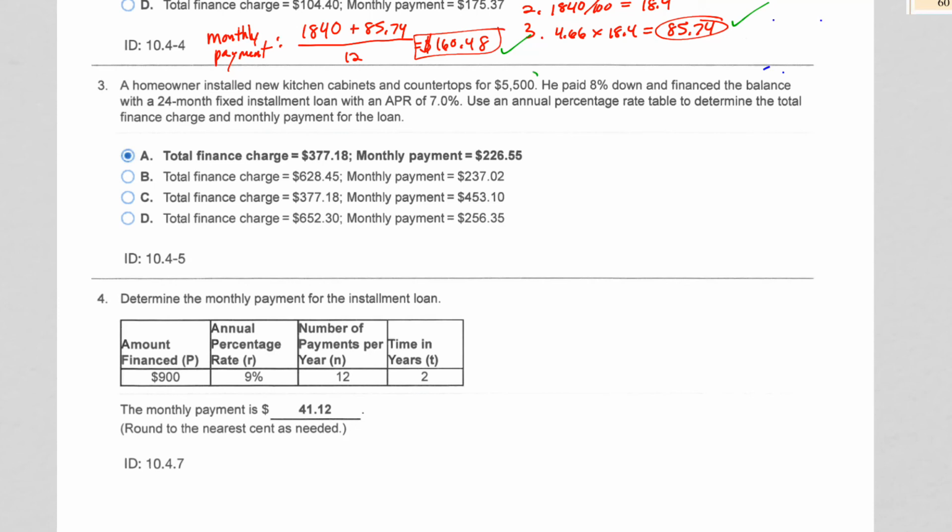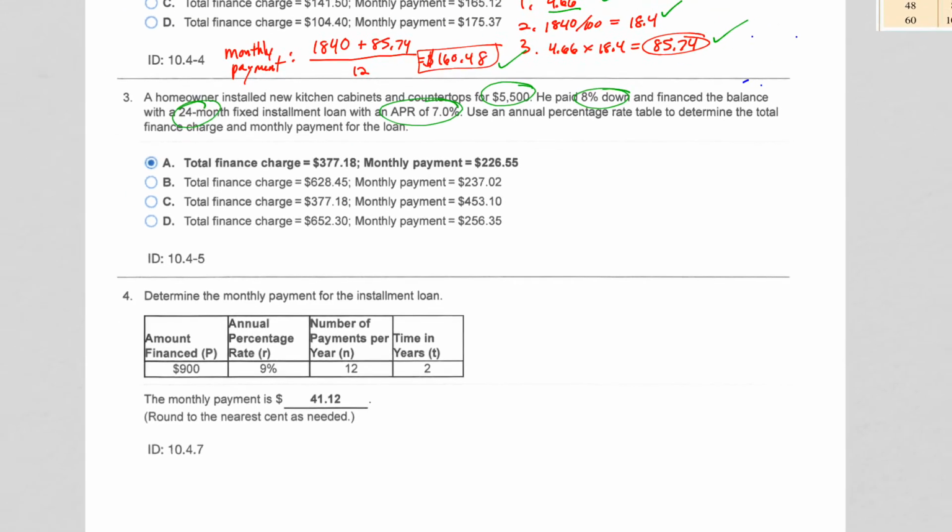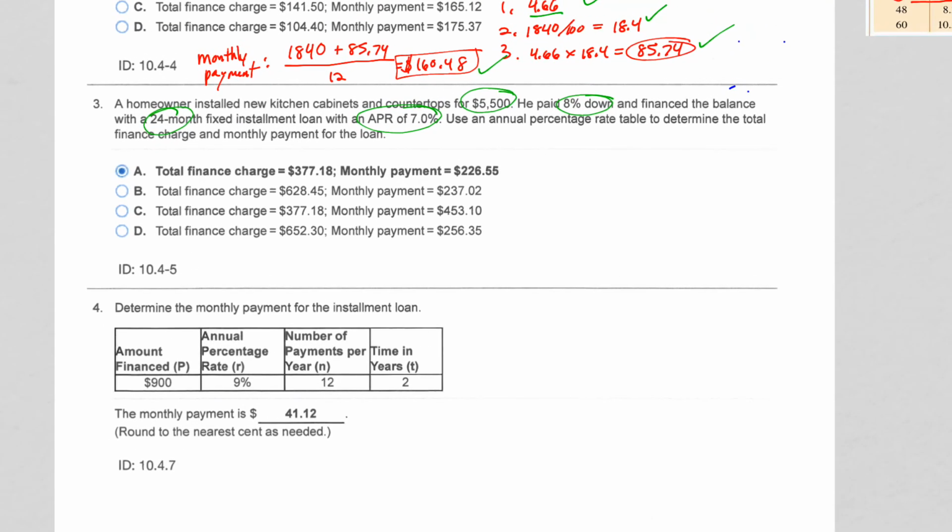Okay, number 3, just some more practice here. Okay, we've got a bill. We're going to put some cash down. That's how long we're going to borrow the balance, and at this percentage rate. Well, let's do 8% of the price.